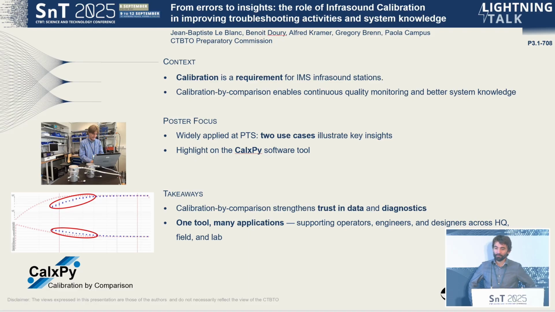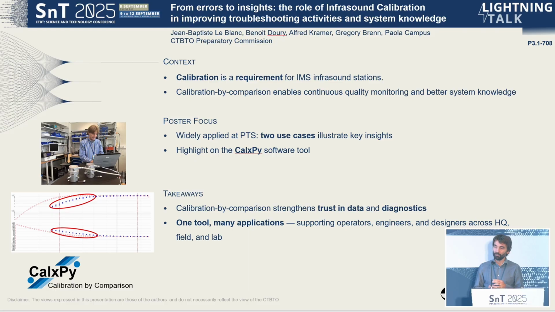In this poster we present something quite important for us, because it's in the treaty requirements: calibration. This past year we installed a lot of calibration capabilities for infrasound stations, and we can now show really interesting use cases and how they can help to improve the sensor design and also to troubleshoot the station.